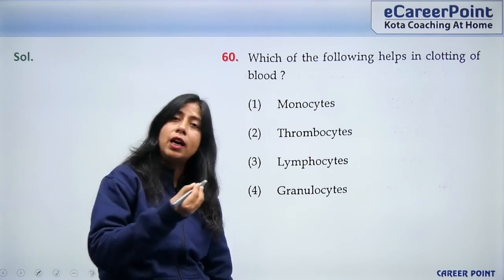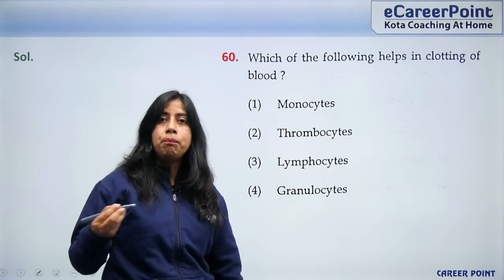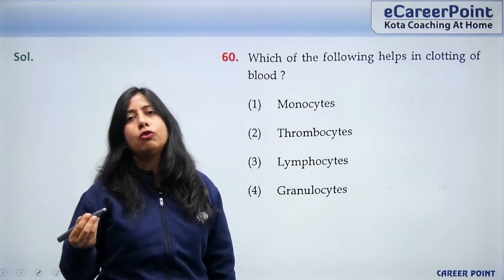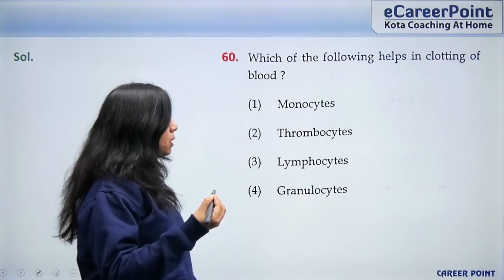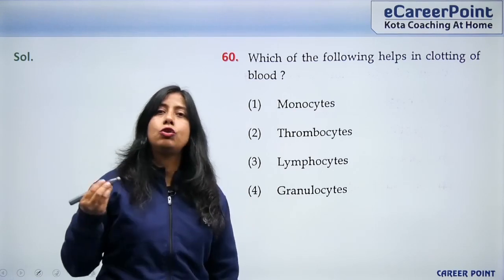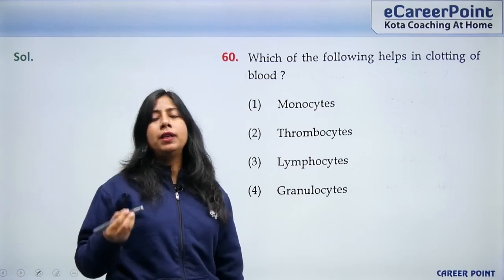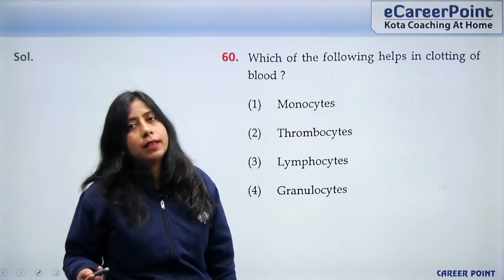WBC is divided into agranulocyte and granulocyte, which further forms eosinophil, basophil, neutrophil, monocytes and lymphocytes. But whether it's a monocyte, lymphocyte or granulocyte, all are related to WBC, and WBC protects us from diseases.